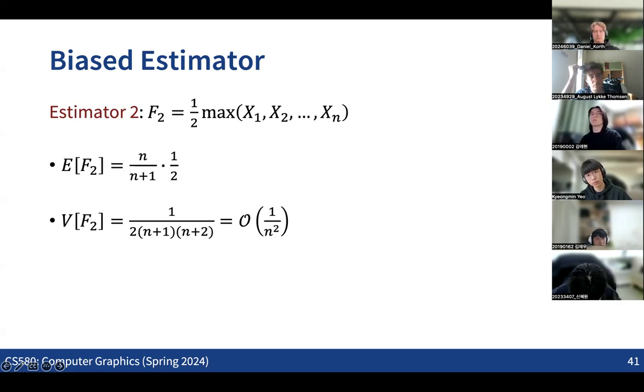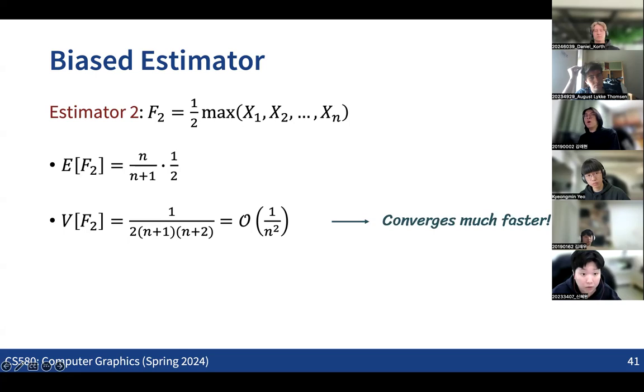The variance is now proportional to 1 over the squared number of samples, which means that while the expected value is smaller than the true value, the variance decreases much faster with the number of samples. So this is a good thing.